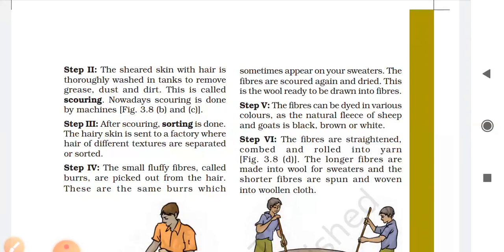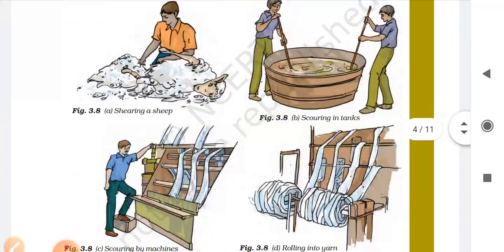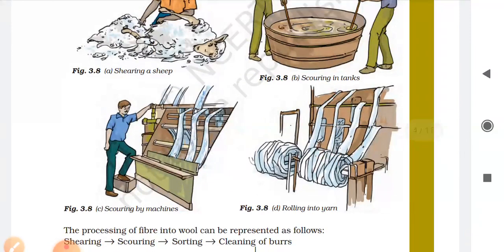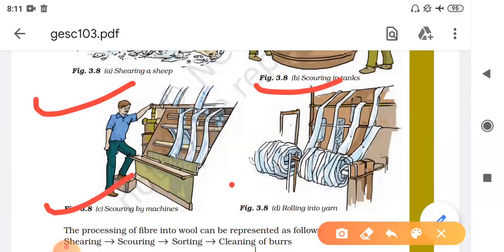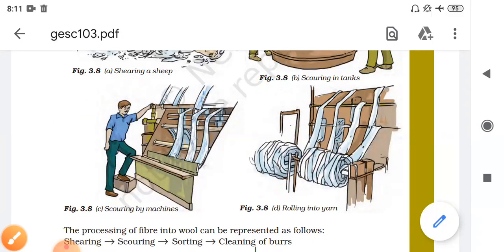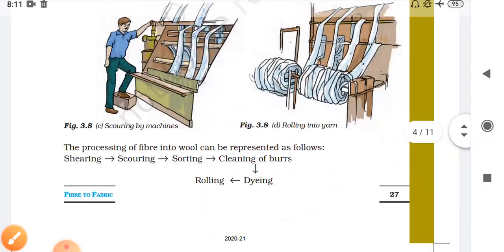The longer fibers are made into wool for sweaters and the shorter fibers are spun and woven into woolen cloth. You can see here the different kinds of the process: shearing, scouring by machines, rolling into yarn. Very simple process.